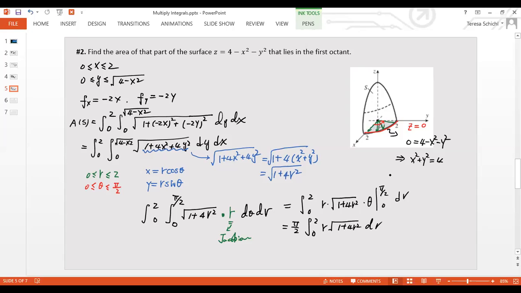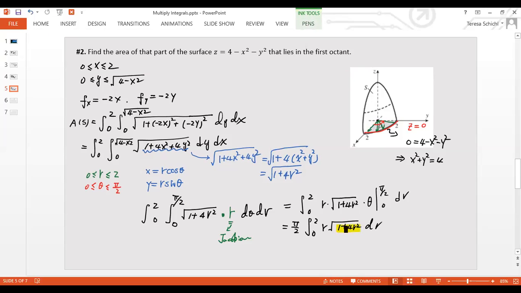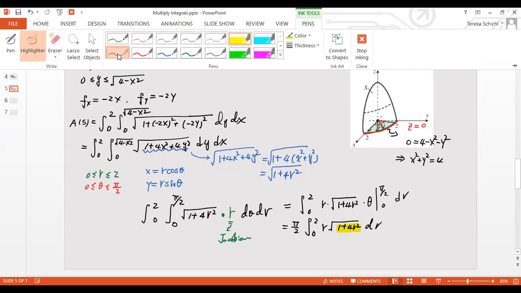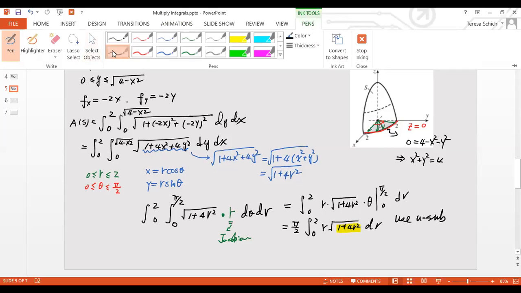So what can you do here? I know how to do it, right? You do a u substitution, you can choose this one as u. I assume everybody knows how to use u sub.